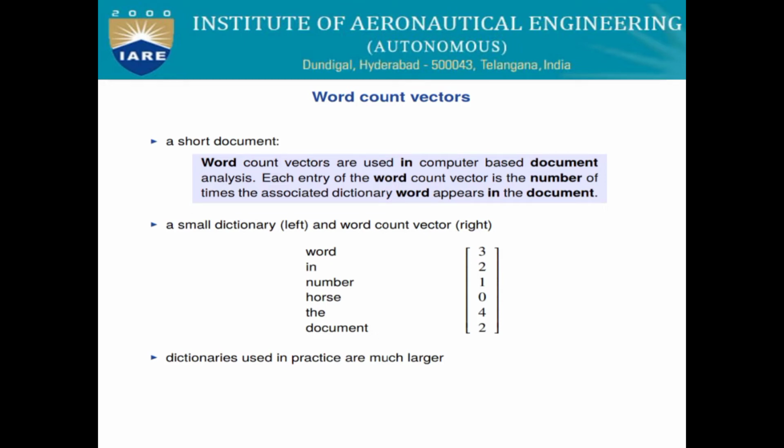Word count vectors are used in computer-based document analysis. Each entry of the word count vector is the number of times the associated dictionary word appears in the document. A small dictionary on the left and the word count vector on the right.